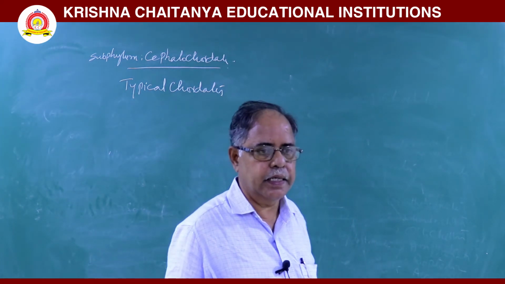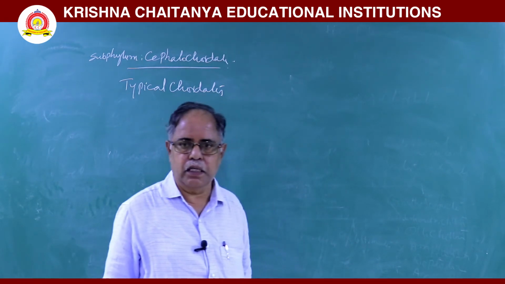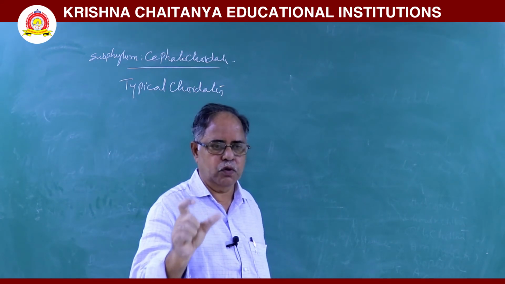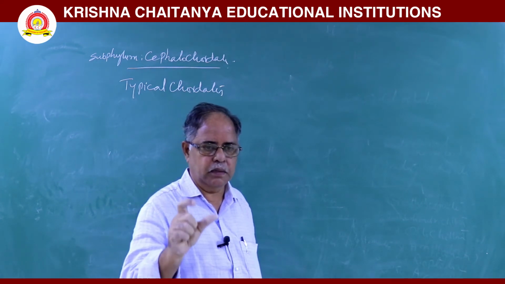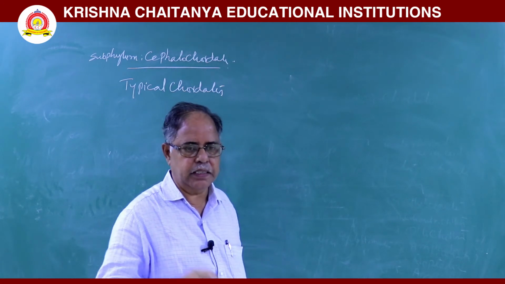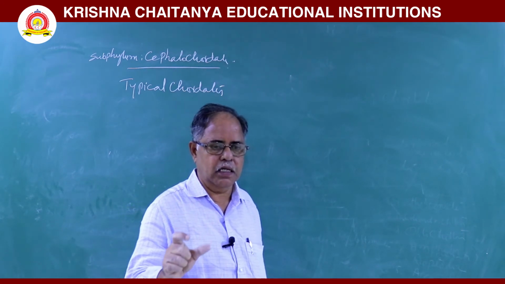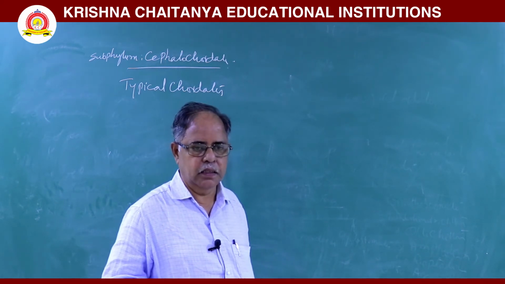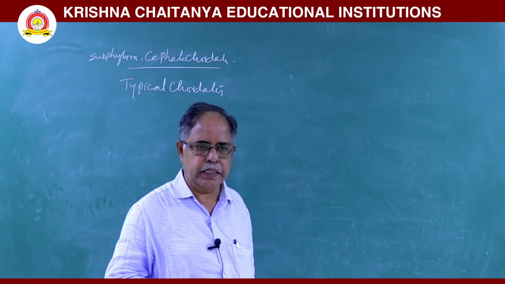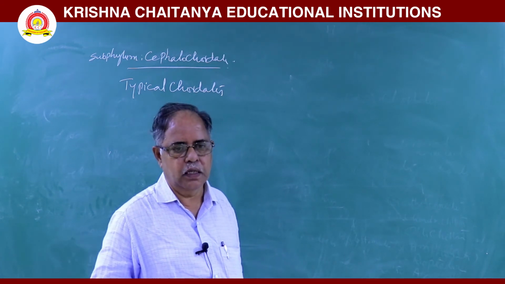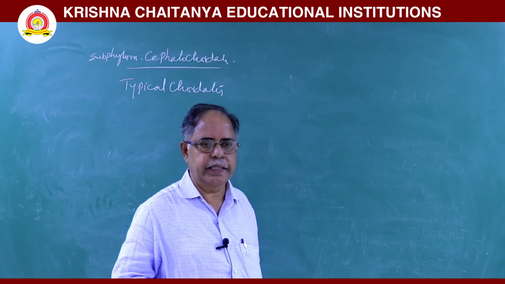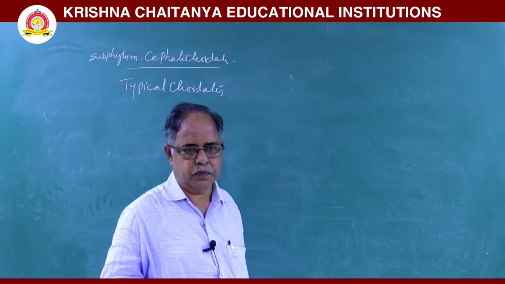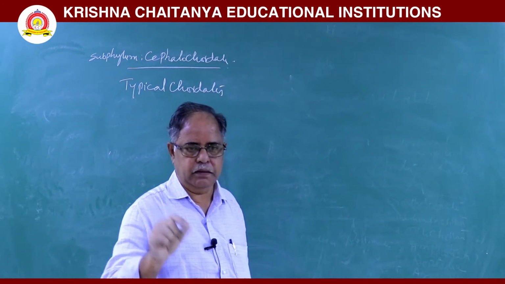In these animals the four main characters are present: possessing a notochord, the presence of pharyngeal slits, a dorsal tubular nerve cord, and a post-anal tail. These four principal characters are seen throughout life. That's why these animals are called typical chordates.